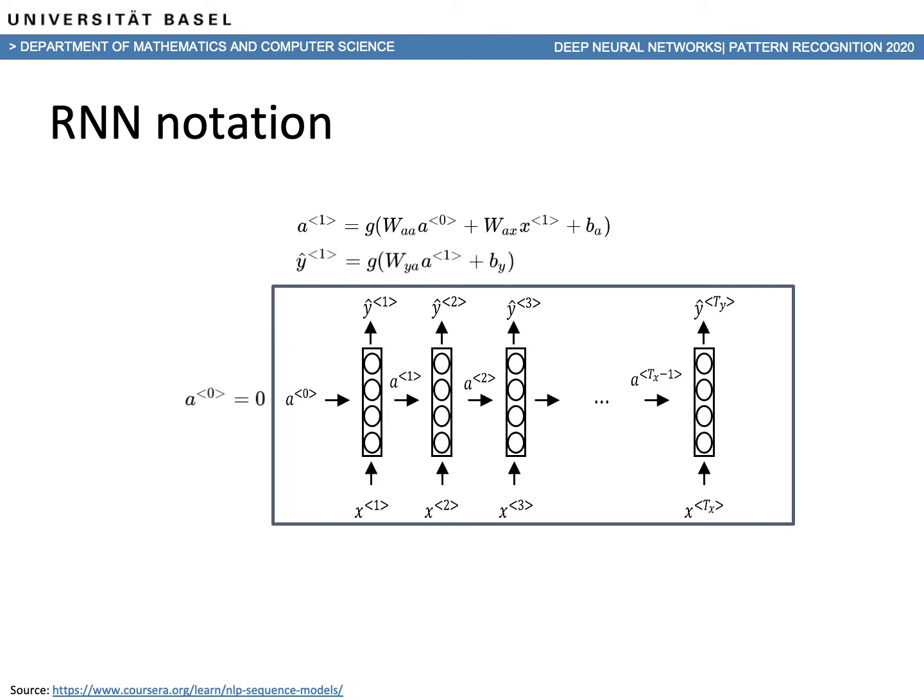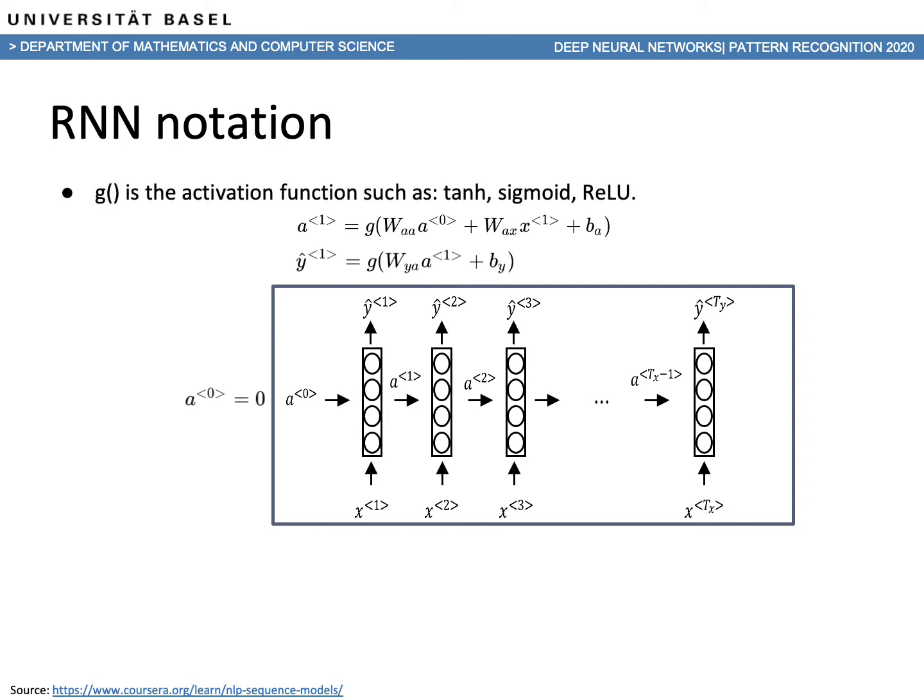And the output is then just another weight matrix times the activation, which also goes out of the network to the next time step, plus some bias term also for the output.